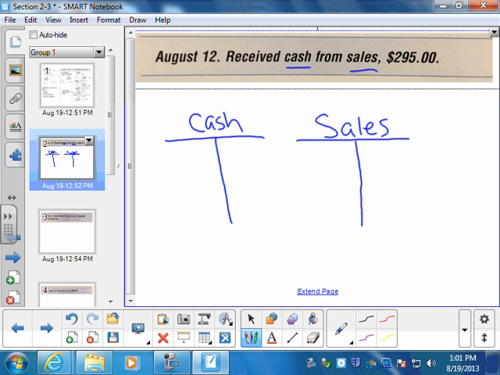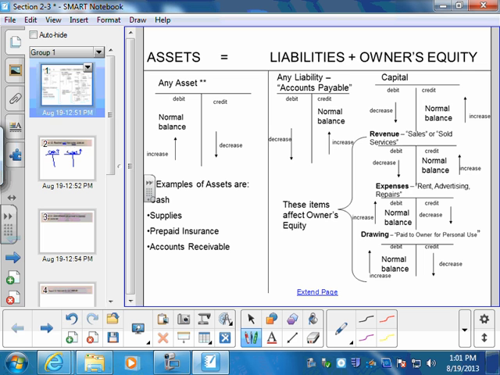So we're going to go back to our chart. First, we're going to say what happened to each of these. Received cash, so the cash went up, so we want to increase cash. And we had sales. If you receive cash from sales, that means you sold some things. That means your sales went up. It's like you're dinging the cash register every time. Cash is an asset.